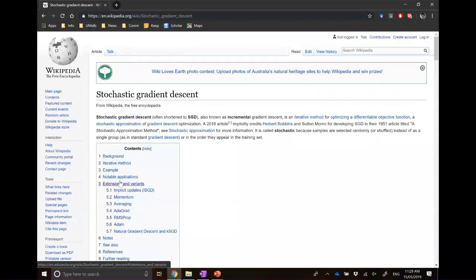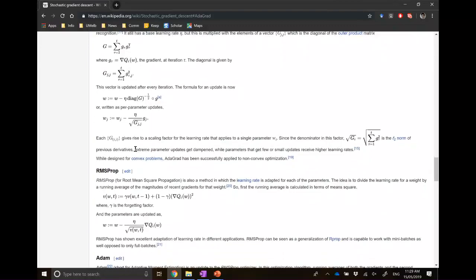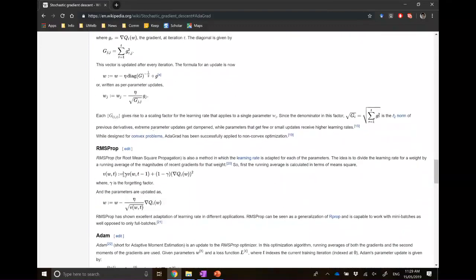The article covers extensions for stochastic gradient descent. You get Adagrad, for example, where there is the gradient and then the updates are done in a certain way. Then there is the adaptive gradient algorithm, then the root mean square propagation. So you see they keep track of some gradient state, then they change the learning rate.